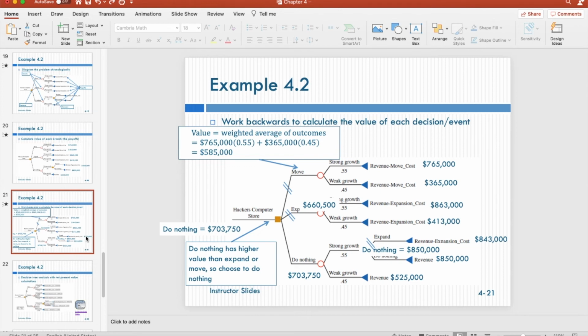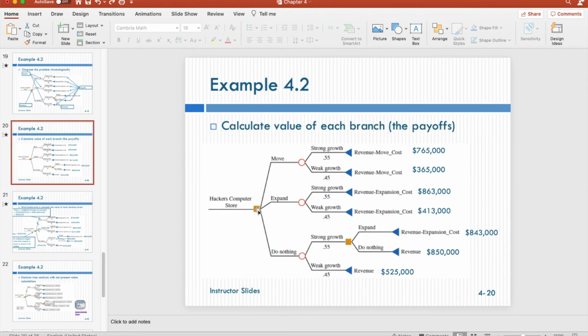First of all, you need to understand what the square means and what the circle means, as I just talked about in detail. Then when you calculate for every branch, you need to calculate the weighted average. Then you compare the weighted averages and choose the highest one. That will represent the best option that will provide you the most profit.